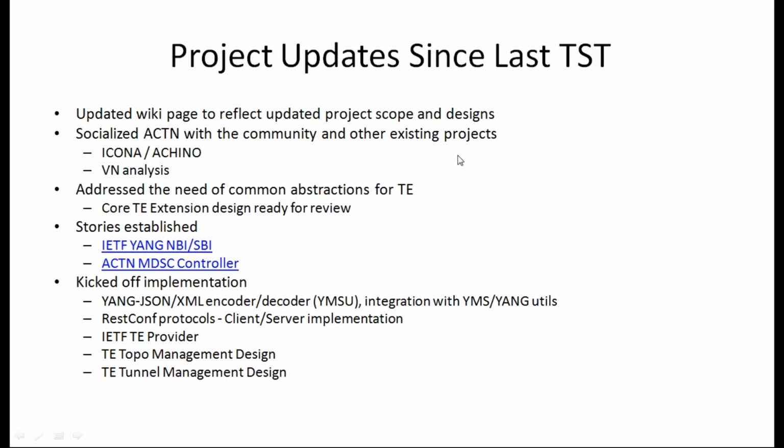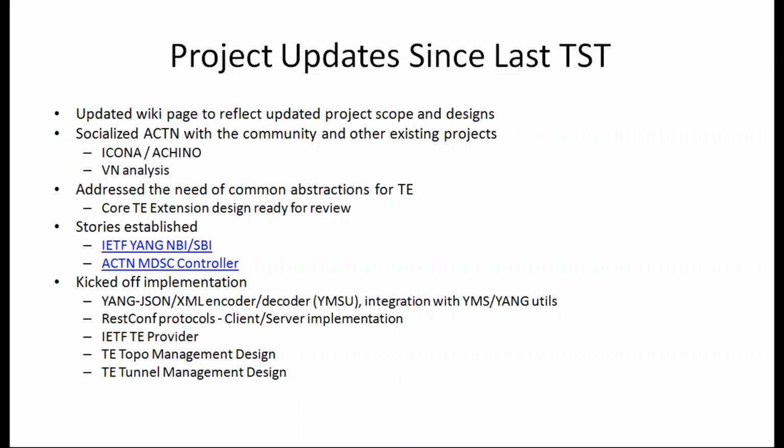And what we have done since our last TST, as mentioned, we updated the wiki page to reflect the updated project scope and design. And also we socialized ACTN with the community and other existing projects, as well as projects that are currently outside of ONOS but have some relevance to the scope of work.